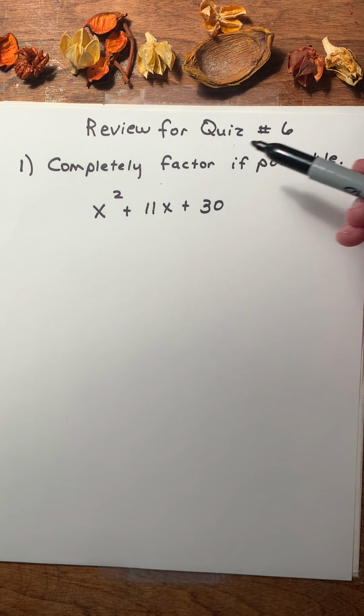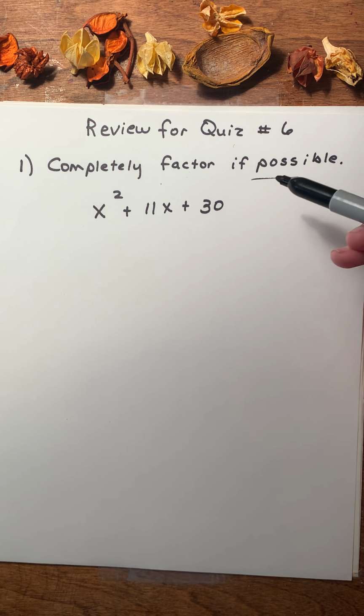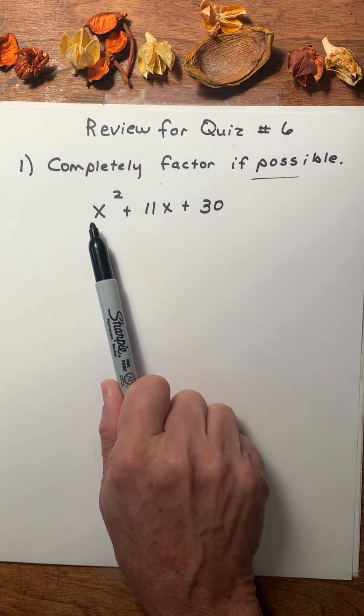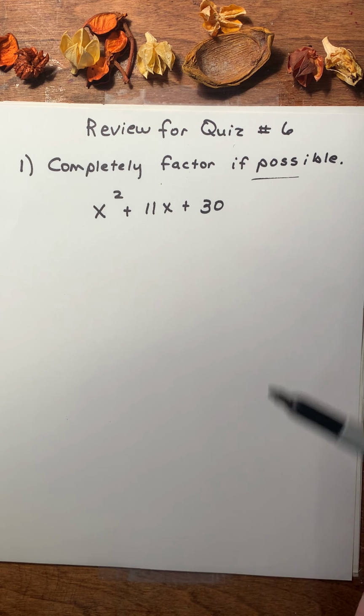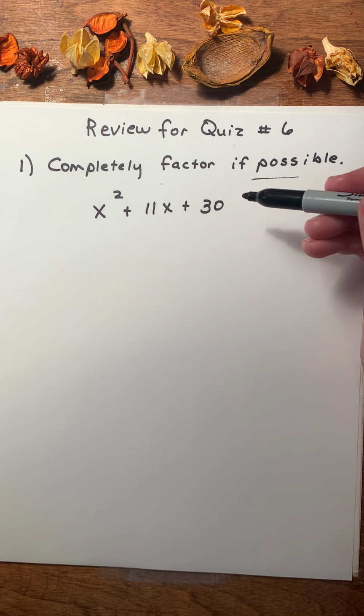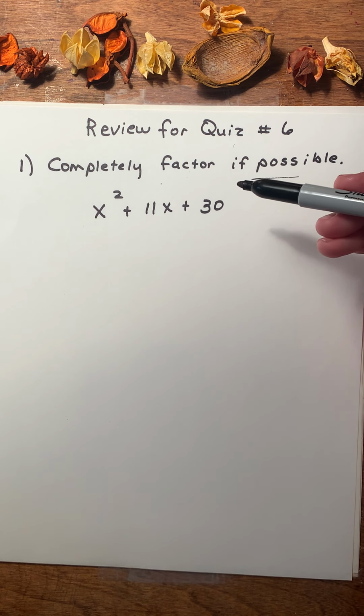All right. First question. Completely factor if possible, which, by the way, raises the possibility that maybe this thing will not factor. If it doesn't factor, there is a not possible option, but almost all the time it will factor. Here is a traditional 1, 2, 3 trinomial, 3 parts. The way we typically factor a trinomial is to ask 2 questions.